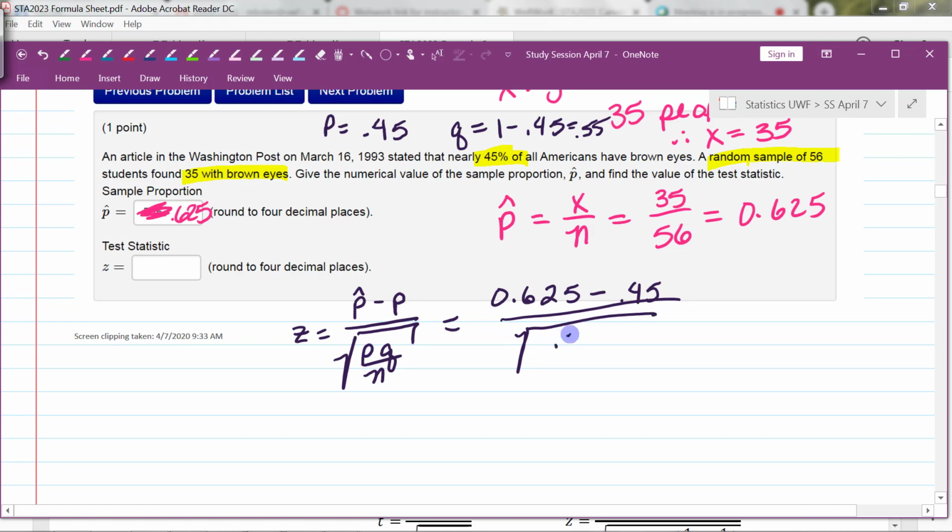So it's 0.45 times 0.55 divided by n, and our n is 56.